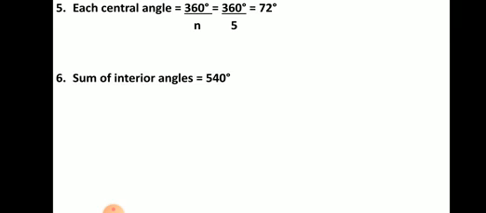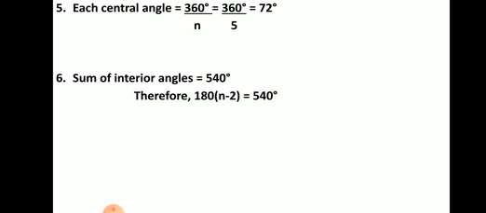Sorry, the last question is they have given you the sum of interior angles to be 540. They now ask you to look for the sides of the pentagon or the polygon. So you use this formula: 180 into bracket n minus 2 is equal to, this formula is for the sum of interior angles, and they have already given you, so we equate it to 540.